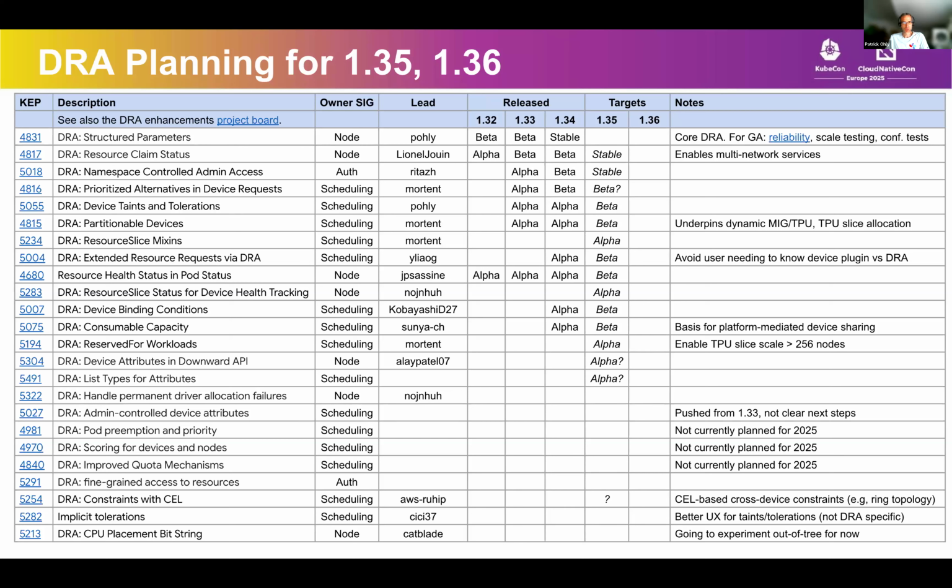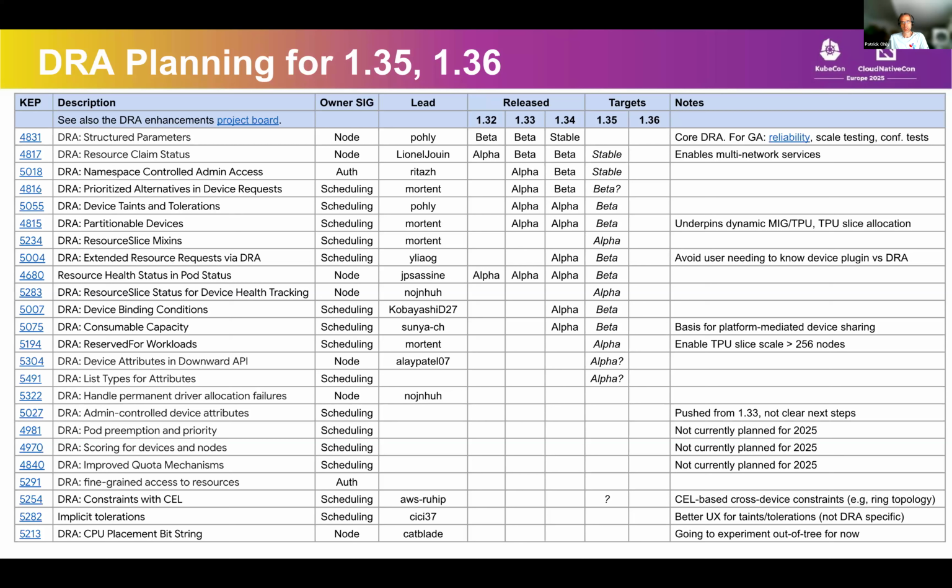One of the ideas was that we want to cover publishing health information externally, outside of the driver, which makes resource slice spec unsuitable. Resource slice status would work, but it's problematic for size reasons. So that's why I brought up device taints.